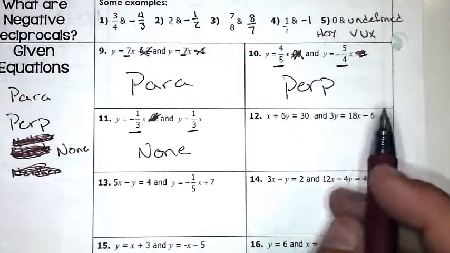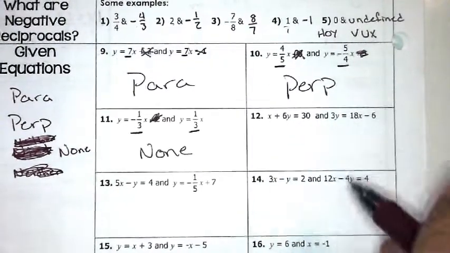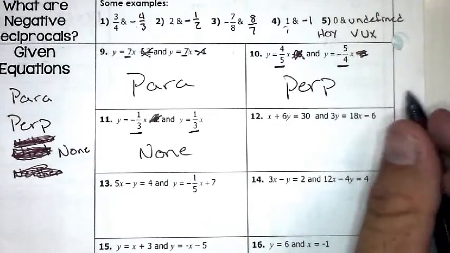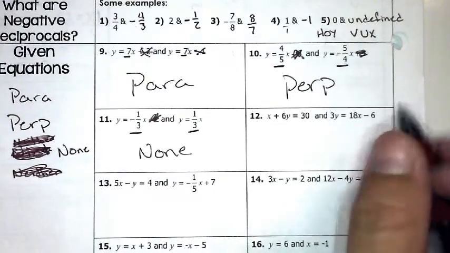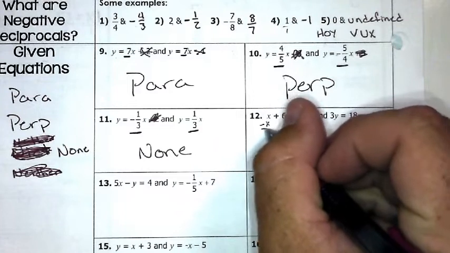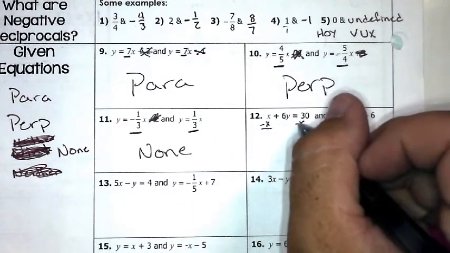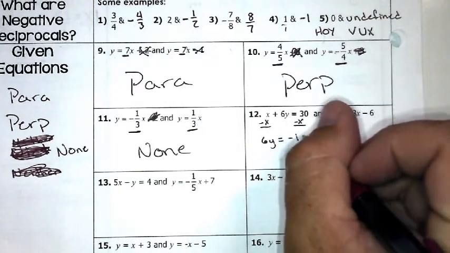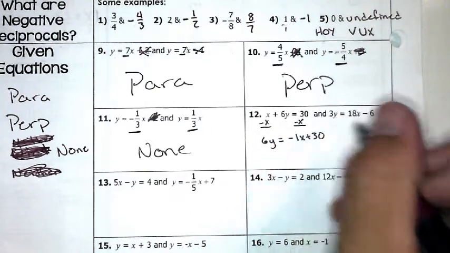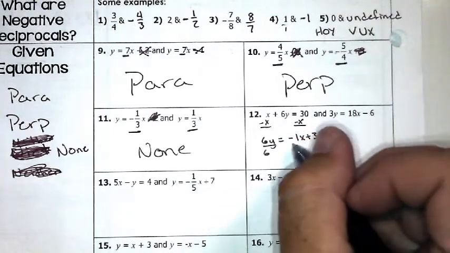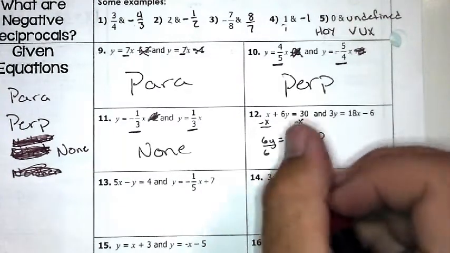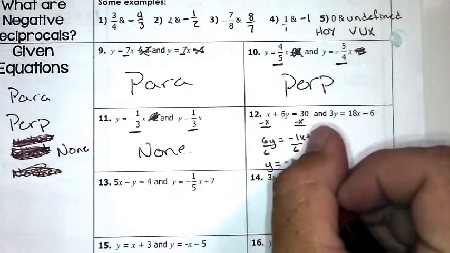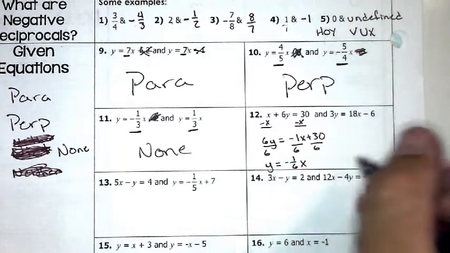Just like in the warm-up question number 3 today, I will subtract my x from both sides. And then I will isolate my y to where I have y equals negative 1/6 x plus 5.